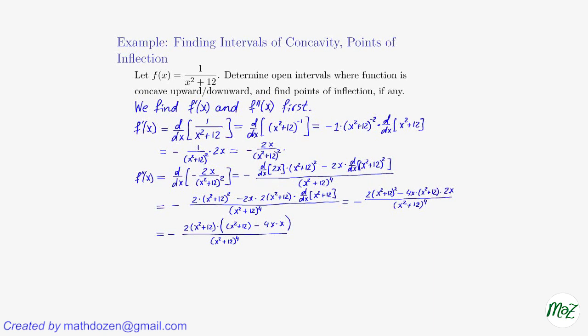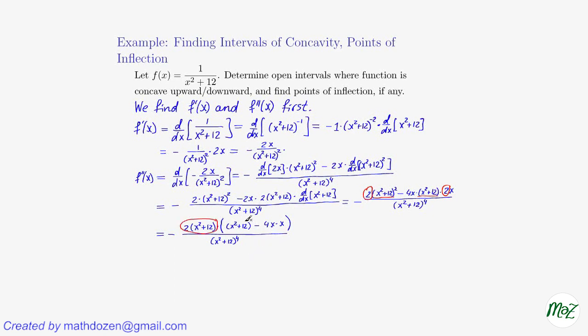Then we notice that we can factor out 2 and x squared plus 12 out of each of the terms. So let's see. There is 2 here, and there is an x squared plus 12 term there. Likewise, there is 2 here, and an x squared plus 12 term here. So we factor that out.